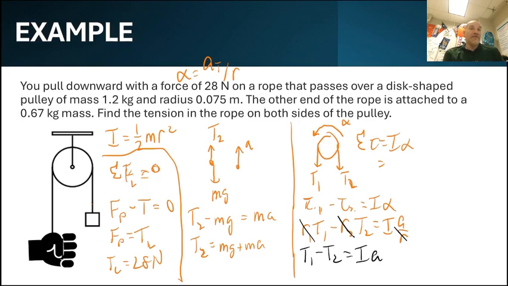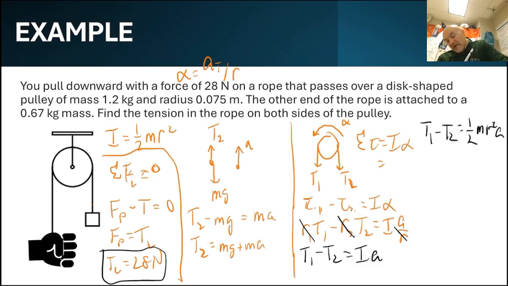I'm looking for T2 because I already have T1, or T, left. I already have that. Now I'm looking for T2. So if I substitute in I now, T1 minus T2 equals 1/2 mr squared A. Okay. Oh, hold on. I kind of goofed a little bit.